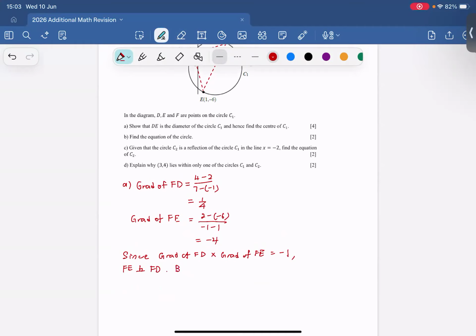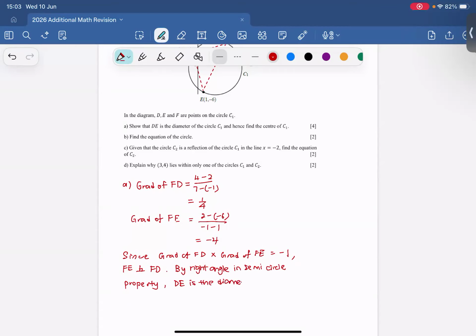Then you say by right angle in semicircle property, comma, DE is the diameter.